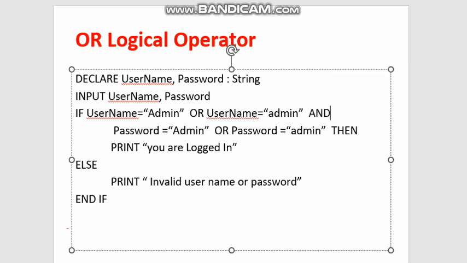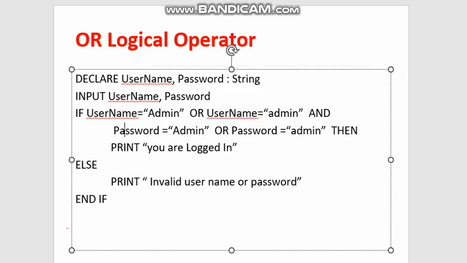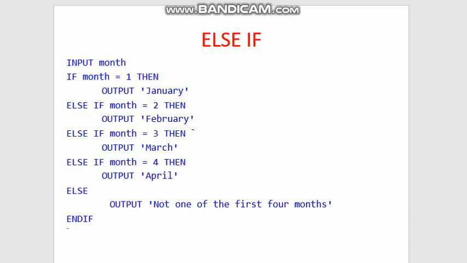It means that if the username is not admin, if he writes someone else's name or something different, this statement is wrong because we have an AND operator in between. So both this condition and this condition must be true for the AND operator.